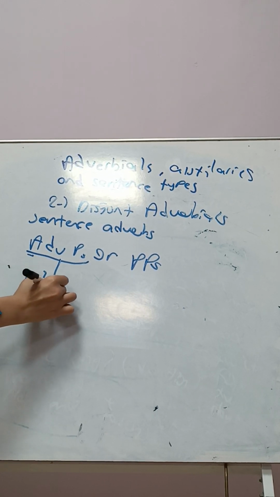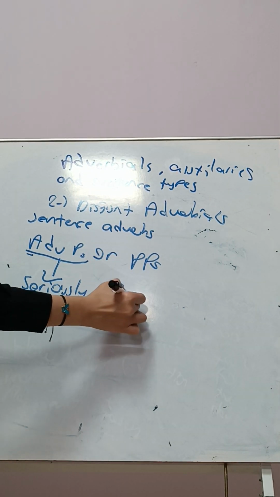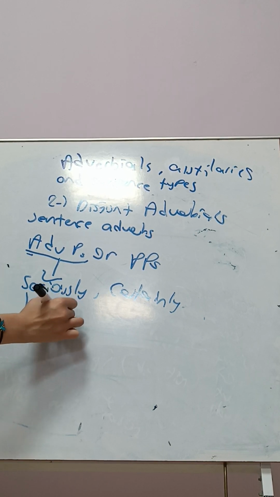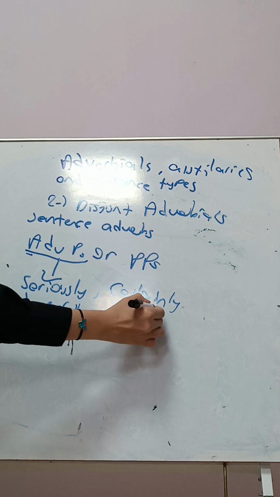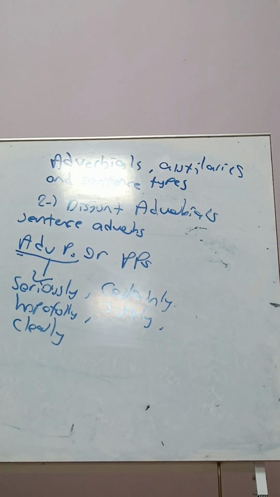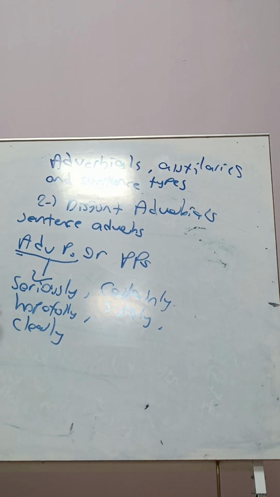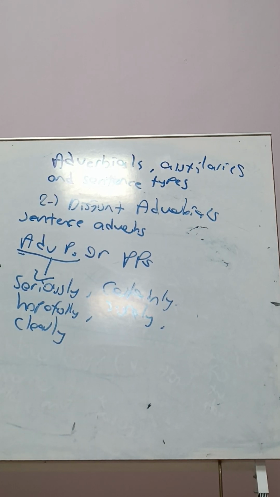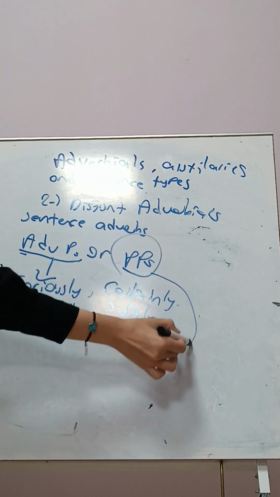Seriously. These are adverbs. Certainly, hopefully, surely, clearly. One of them is seriously, the other one certainly. And if you want, stupidly, sadly, personally, you can give lots of examples.